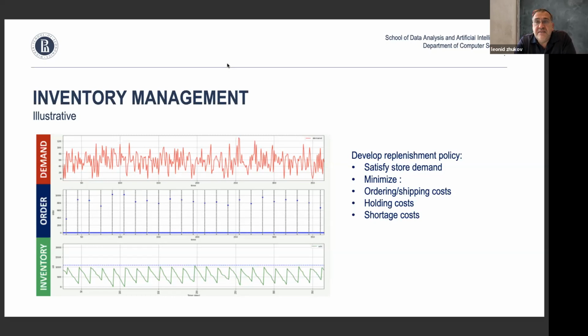It's easy, but it's not optimal, right? So then you need to decide how much you order. Then there is a delivery time, a delay. So there are quite a few computations that come into play. And then the inventory picture here just shows you the drop of the inventory. And then you can try to do simple modeling and say, okay, if the inventory drops below X items, then you order.